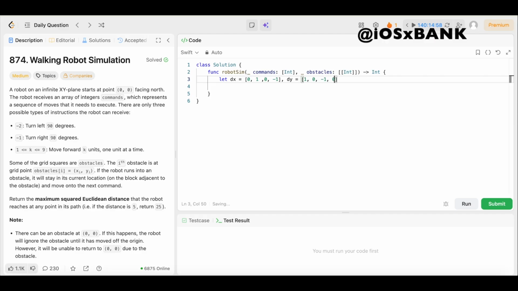Boom. Now we're going to use a set to store obstacle positions for big O(1) lookup, and we're going to encode the points x, y into a single integer to avoid using a tuple.